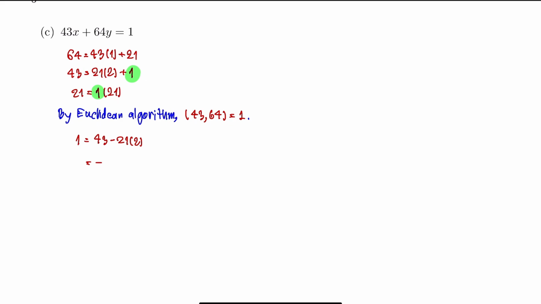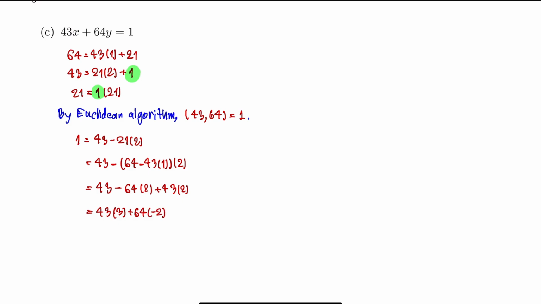Then we have 43 minus 2 times (64 minus 43 times 1). And we distribute minus 2 into this term. So we have 43 minus 64 times 2 plus 43 times 2. Then we have 43 times 3 plus 64 times minus 2.